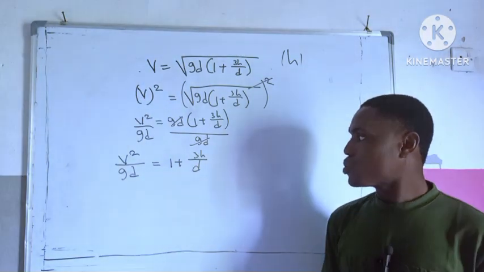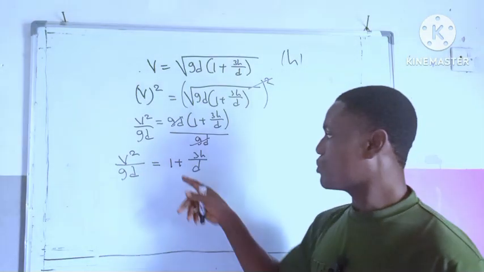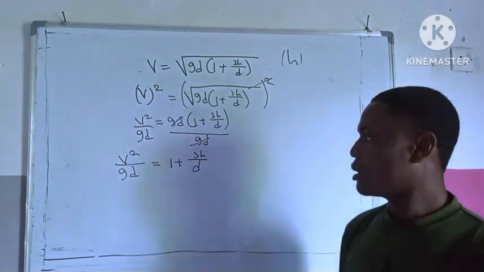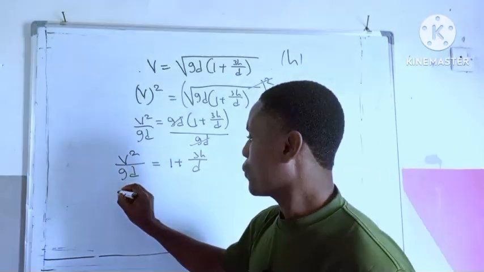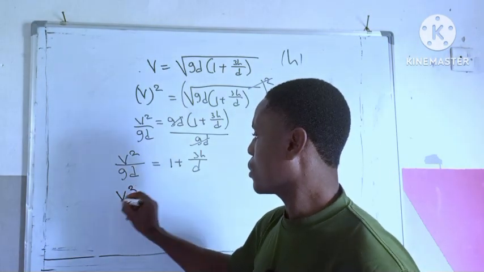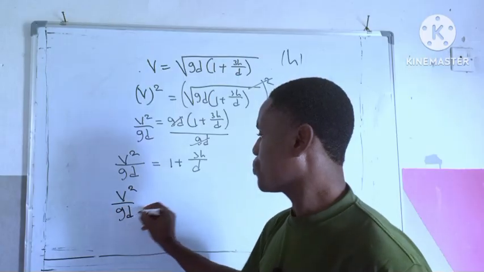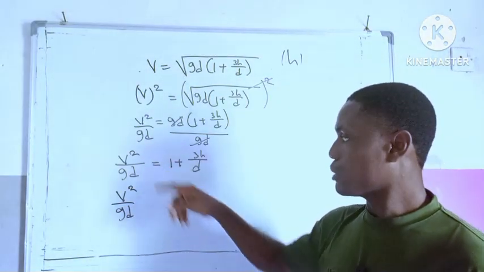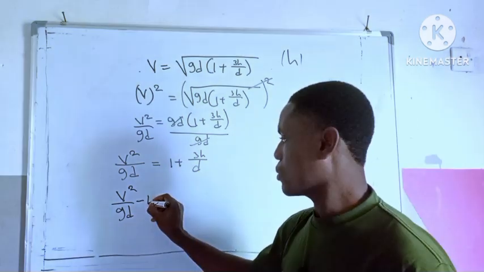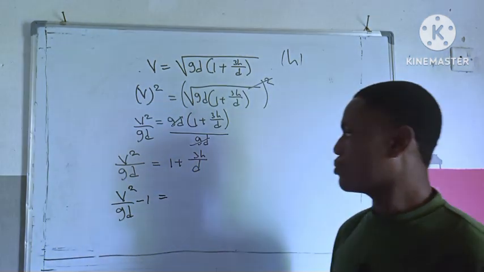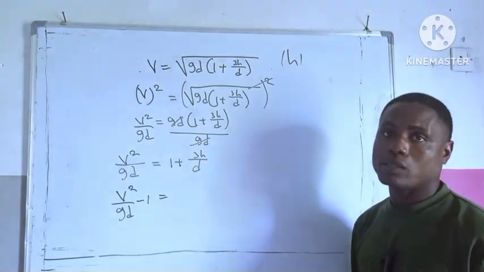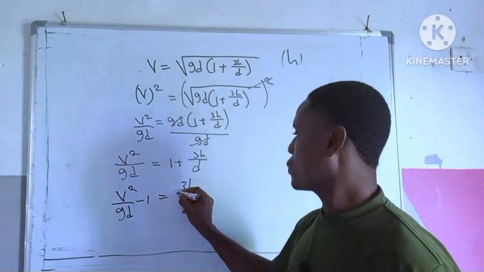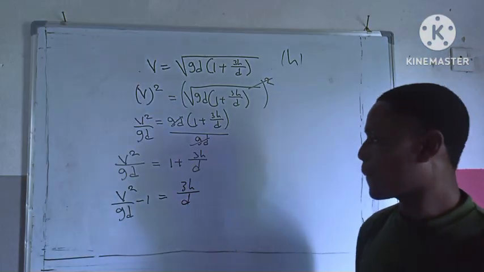The next thing to do is move this 1 to the left side. So it will be v squared all over gd, and this plus 1 changes to minus 1 when it crosses the equal sign, equal to 3h all over d.